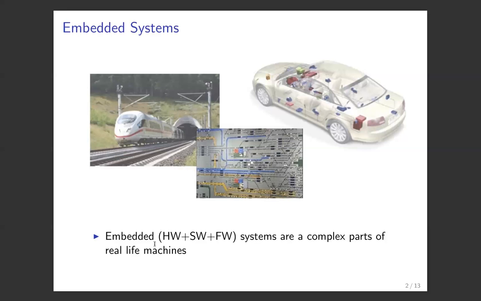These things typically interact with an environment, where the environment provides the inputs. They are the outputs of sensors that sense various things. For example, it could be velocity, or if there's a brake that you're applying, it could be tension and so on.